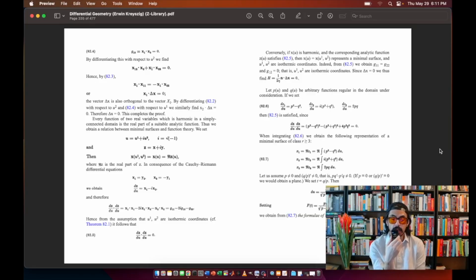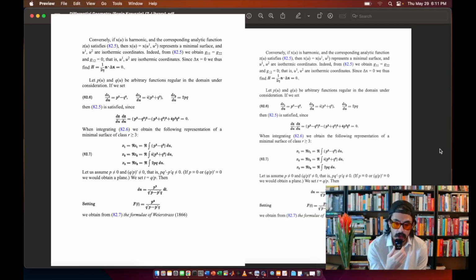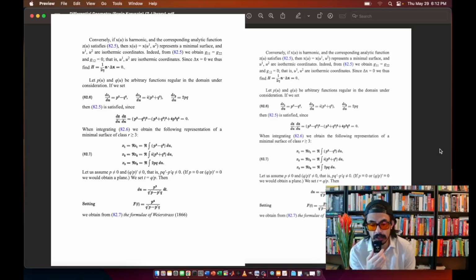Nevertheless, we set t equal to q over p. Then that means that we have du equals a fraction of p squared over a denominator of q prime times p minus p prime times q, times dt.